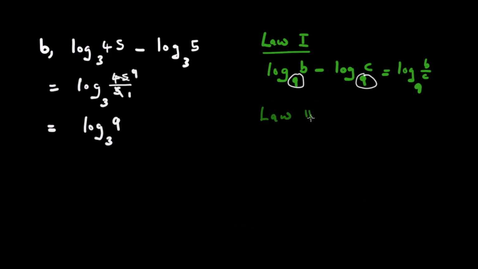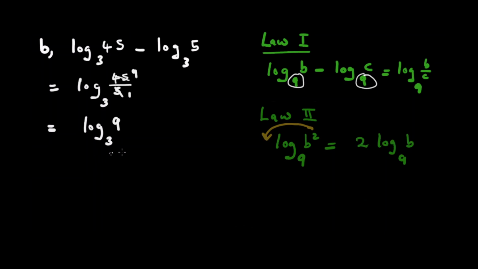Now there is another law we want to use here. We will call it law number 2. If we have log of b squared base a, this is going to be equal to 2 log b base a. So what happens is that the power 2 on b is transferred to the front, becoming 2 log b base a.